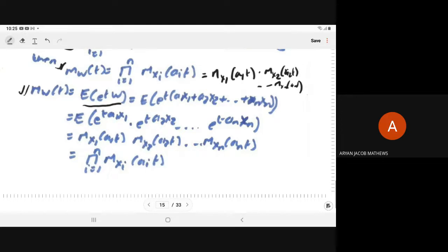So here it will become E of into E of into E of, and that is M of x1 at a1t, M of x2 at a2t, M of xn at an t. That is the product from 1 to n, M of xi at ai t. So that is the most important formula from the joint. We will use this formula many times.